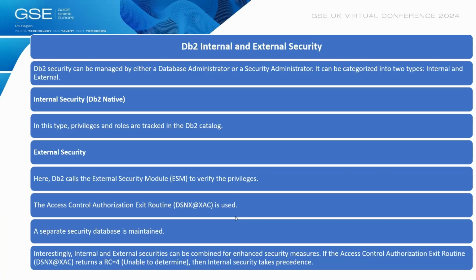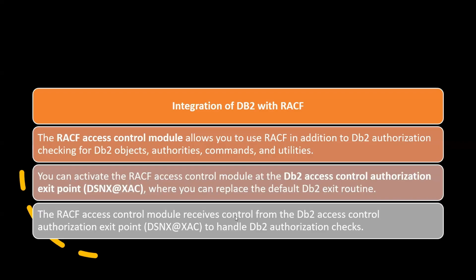But if there are some doubts, if we get return code 4, unable to determine, the internal security takes precedence. Yeah, this is also a hint. From a security admin perspective, it is of course more recommended to be on external security, because everything is supported in one place.